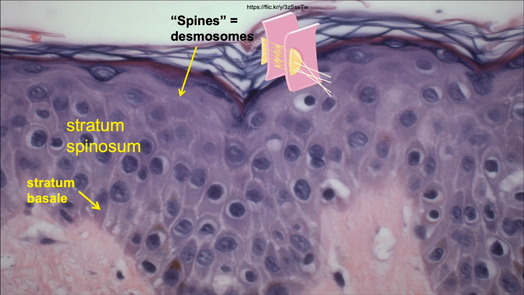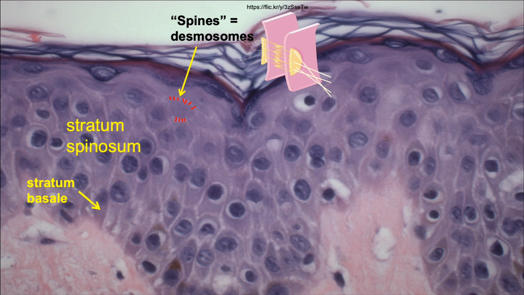The other major histologic clue for identifying keratinocytes is the presence of the intercellular spines, most prominent in the spinous layer. These are those little lines between cells that represent intercellular junctions that hold the keratinocytes together. They look like ladder rungs or the lines on the film strip that I showed you before.